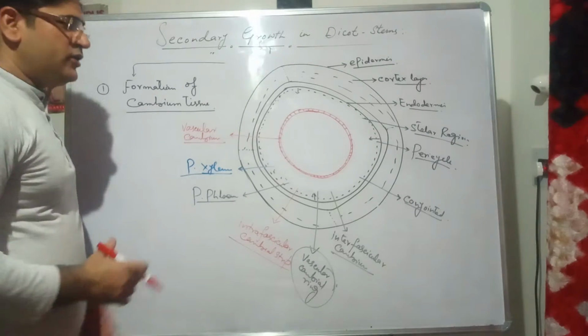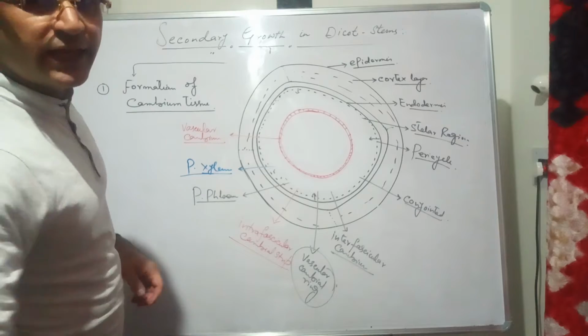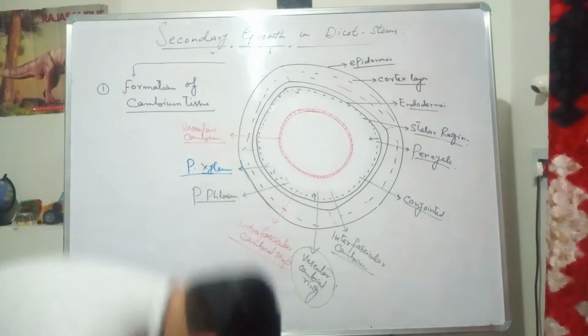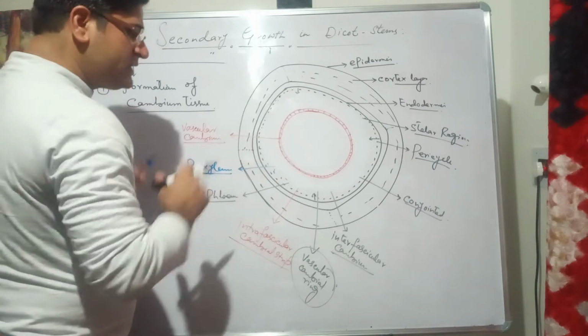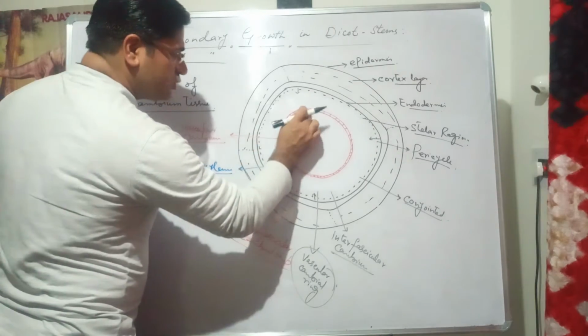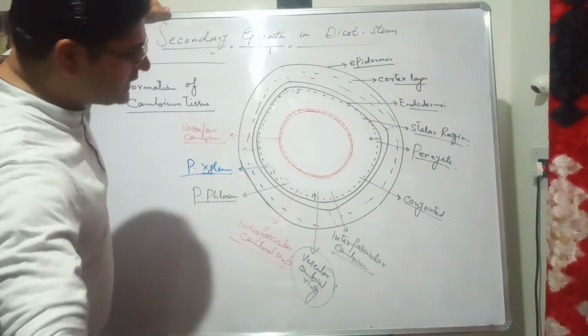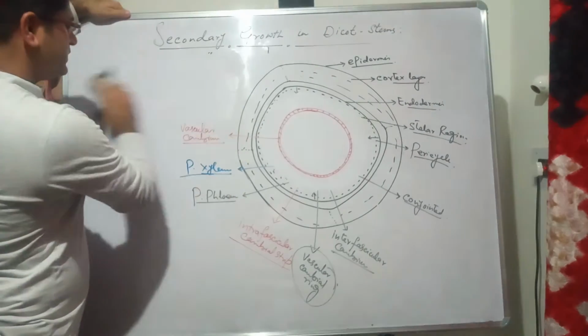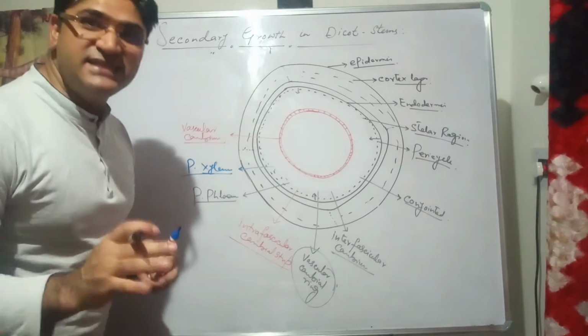Now the second step starts: this vascular cambium will start functioning. So it will start to divide the cells. Remember that in plants that have cambium, the cambium shows different variations in the seasons.